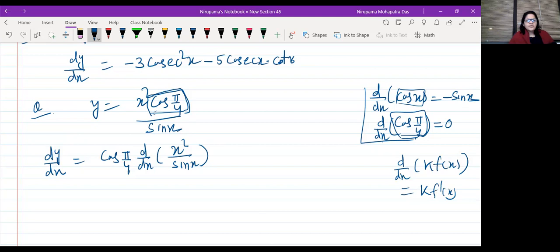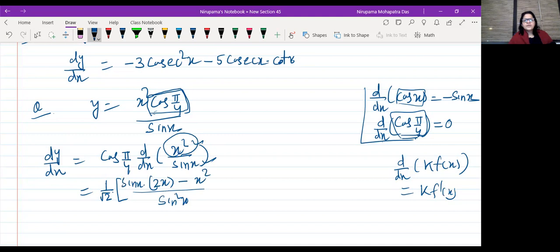So cos pi by 4, if you wish, you can write it 1 by root 2. Now it is u by v, or f x by g x, sin square x. Now sin x into d by dx of x square, that is 2x, minus x square into d by dx of sin x is cos x.